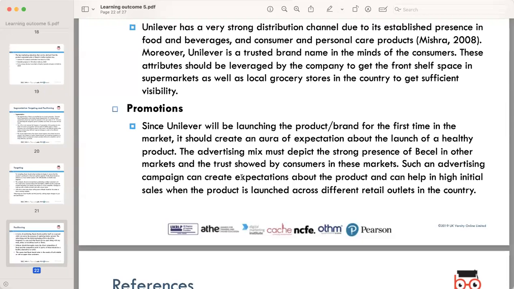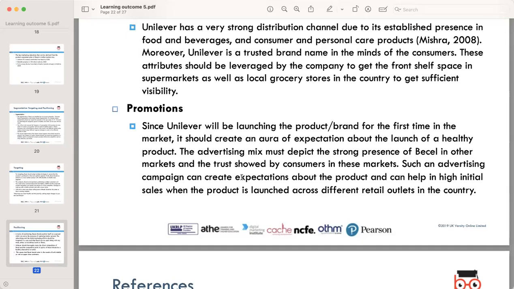Since Basil will be a new entrant in the Indian market, the promotional strategy should focus on creating anticipation and excitement around the launch of this healthy product. The advertising mix should highlight Basil's successful presence in other markets and the trust consumers have placed in it.